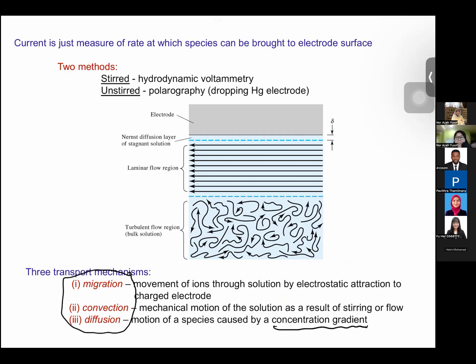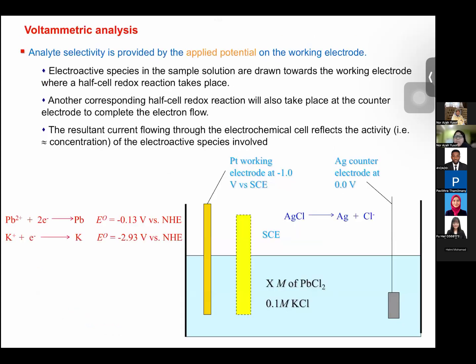We cannot see it because it's something that we don't see, but this has been studied, how the ions inside the beaker move towards the electrode. Now, let's look at an example. Imagine this is the beaker, and in here we have plumbum chloride.